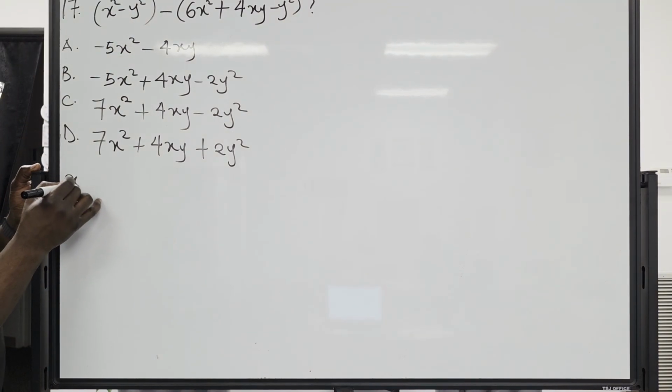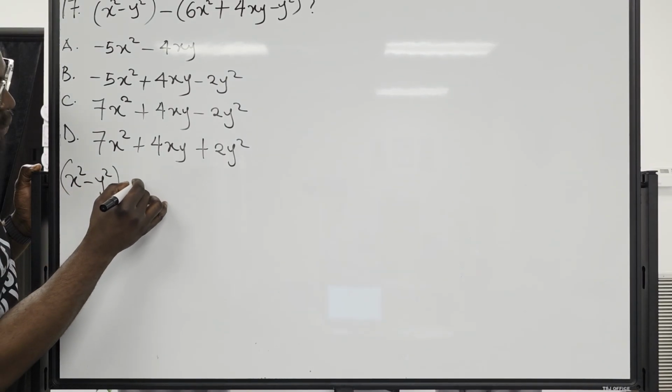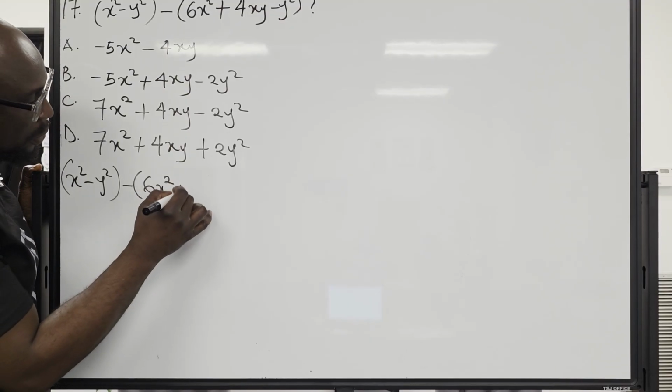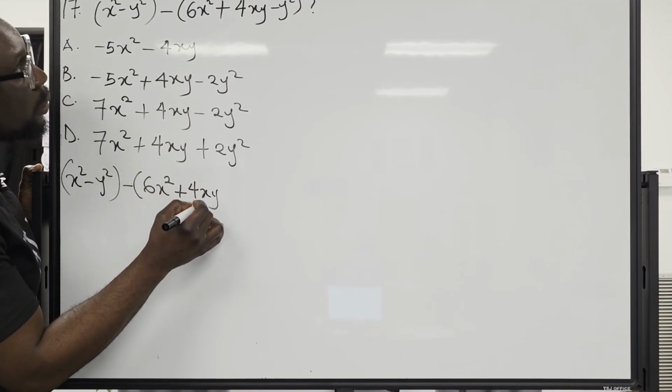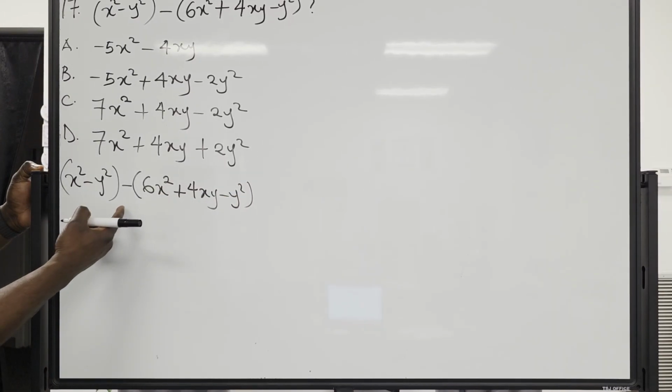So we have x squared minus y squared minus (6x squared plus 4xy minus y squared). All we have to do is expand this bracket.